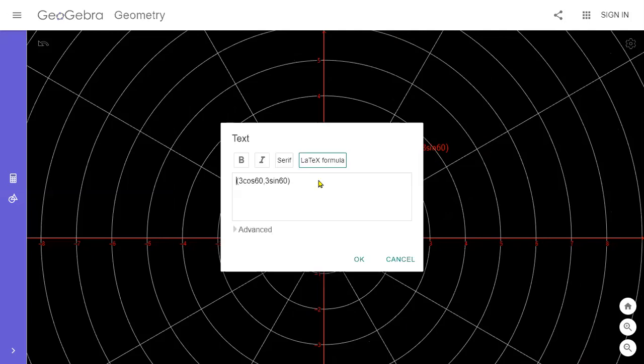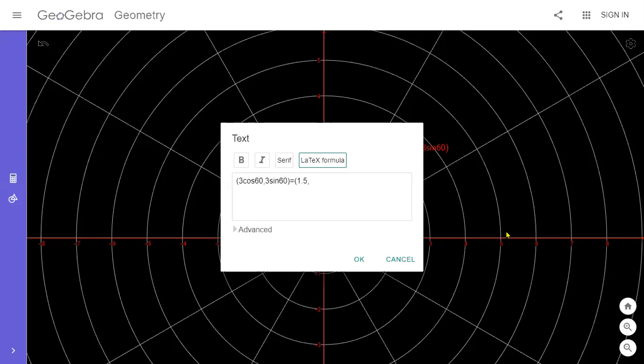If we change this polar coordinate into the Cartesian coordinate, then the corresponding value will be, if we calculate 3 cosine 60 degree, the result will be 3 over 2, just 1.5, comma, and if we calculate 3 sine 60 degree, then the result will be 2.59.